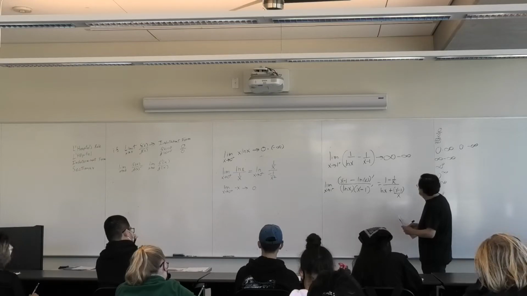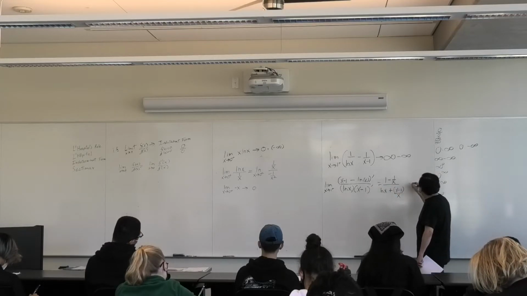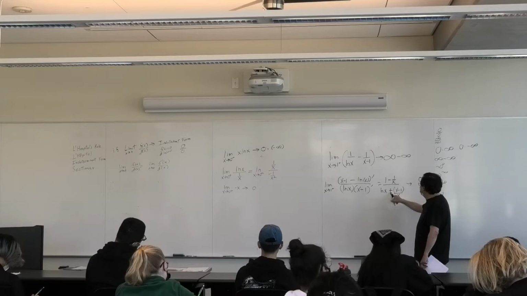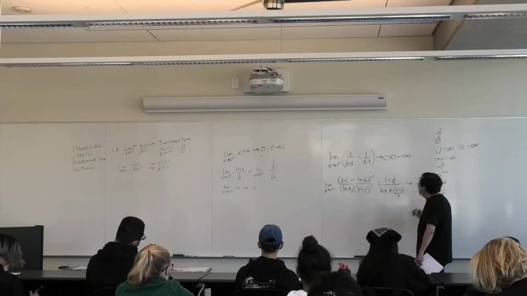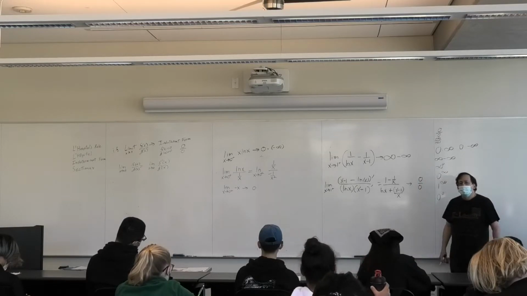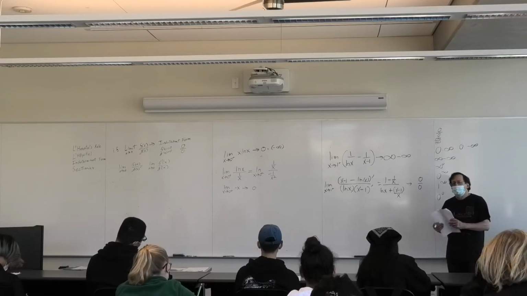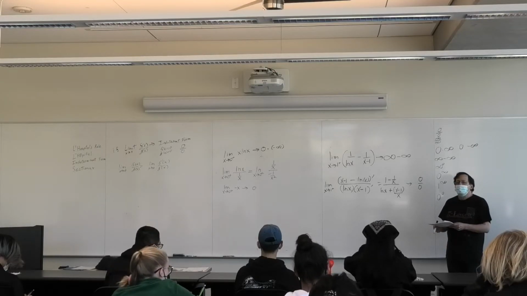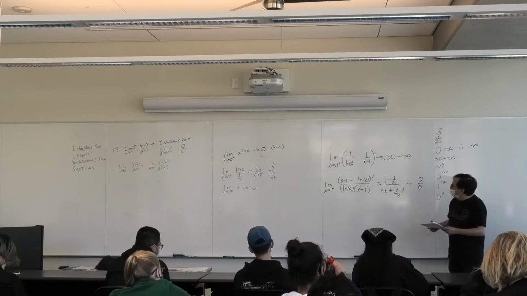All right, let's see, are we getting closer now? 1 minus, oh, that goes to 0. And we've got 0 plus 0 over 0. Any thoughts on this? We're kind of back where we started. We still have an indeterminate form here. We can't just plug in 1 and figure this out.